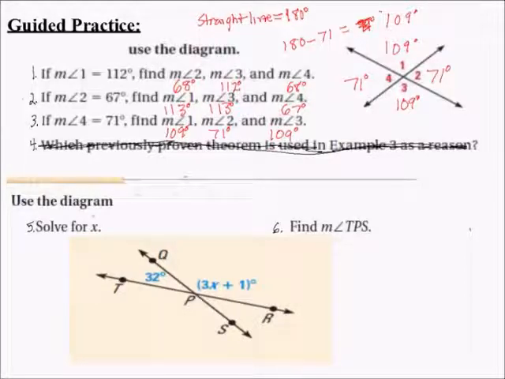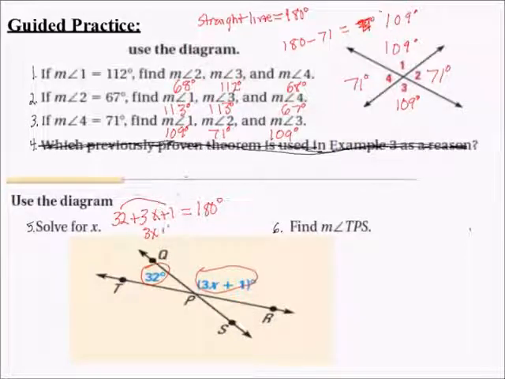Okay. Practice number 5. Solve for x. So first and foremost, we know that 32 and 3x plus 1 degrees are supplementary. We know that since a straight line is equal to 180, 32 degrees plus 3x plus 1 equals 180 degrees. Okay? Combine like terms, so this is 3x plus 33 equals 180 degrees.